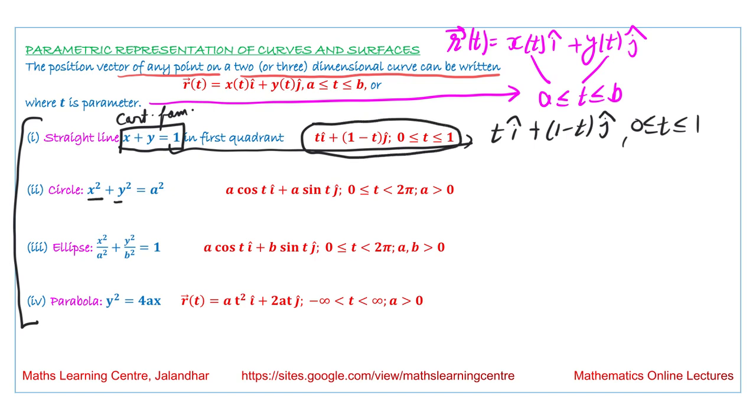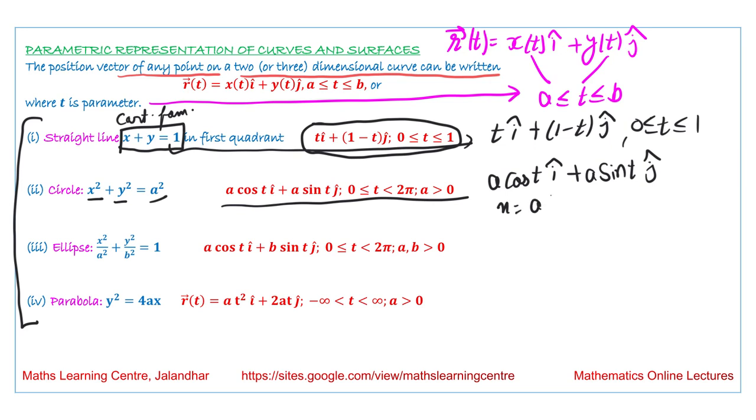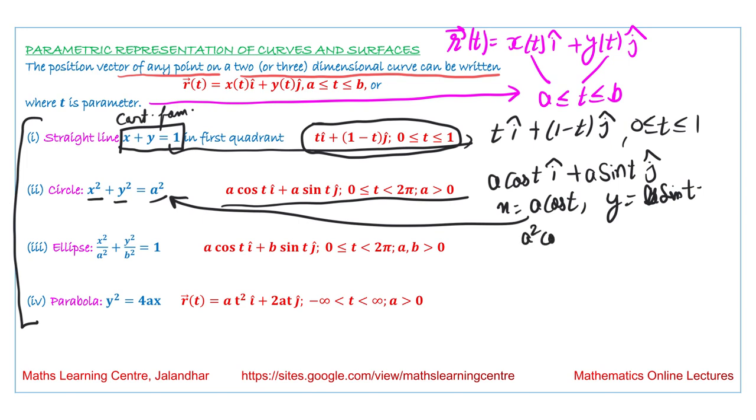Second is the circle x square plus y square is equal to a square. The parametric form of the circle is given by a cos t i cap plus a sin t j cap. If we substitute x is equal to a cos t and y is equal to a sin t in this equation, we obtain a square cos square t plus a square sin square t, that is equal to a square.